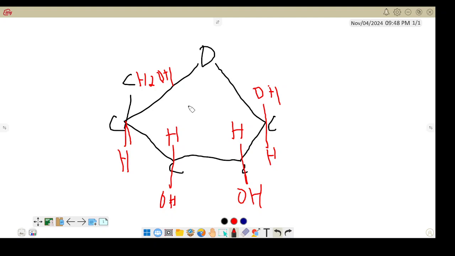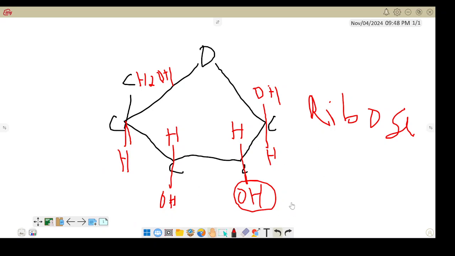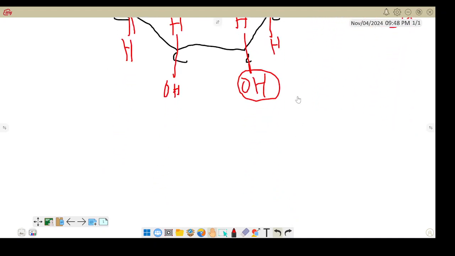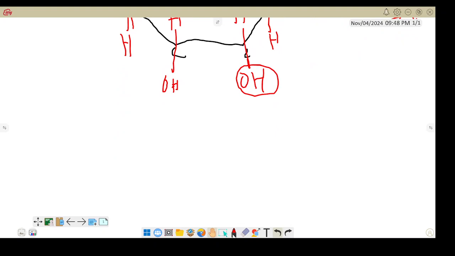The idea was, here we have a hydroxyl group. This is a ribose sugar. And then a deoxyribose will look very similar.